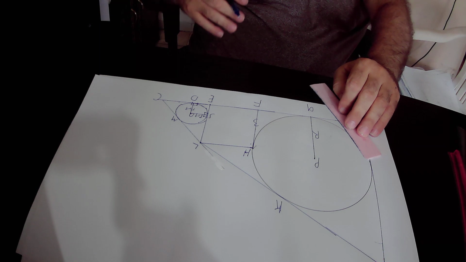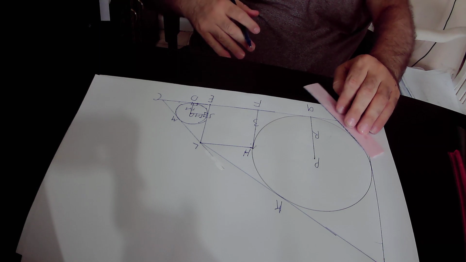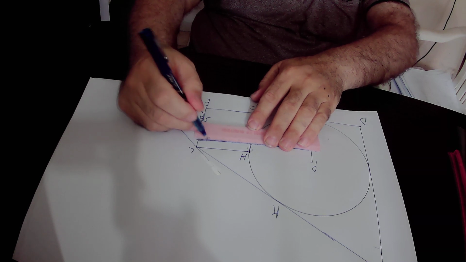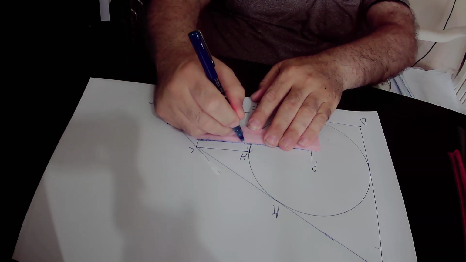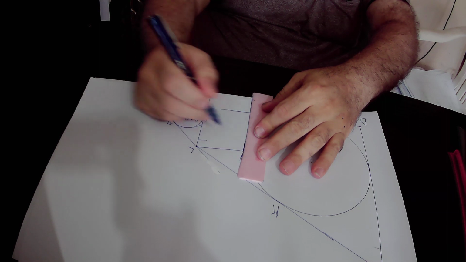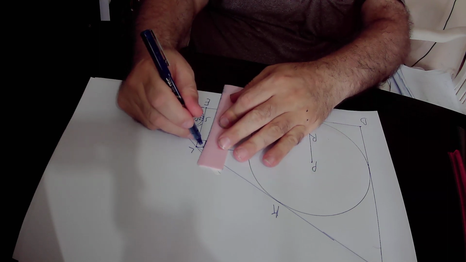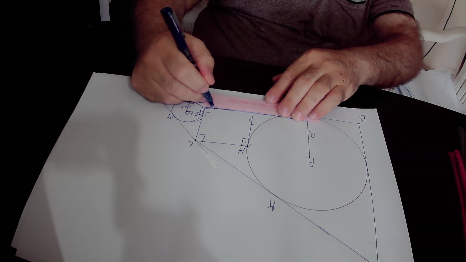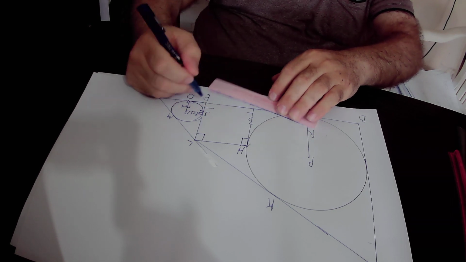We know that all the angles inside the square are right angles, so this angle is equal to 90 degrees, this angle equals to 90 degrees. Likewise, those two angles inside the square are equal to 90 degrees.